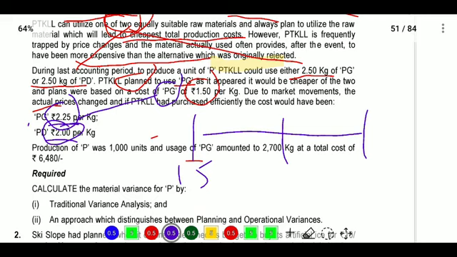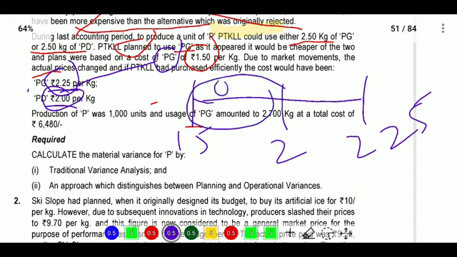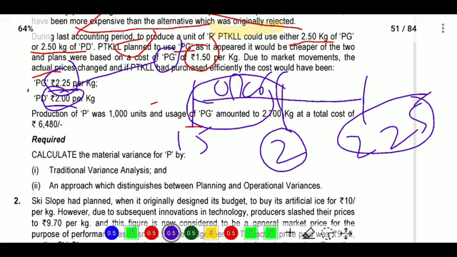Now here the rate will be 2 rupees for PD. If you purchase PD, you can buy at 2 rupees, but we are going for 2.25 rupees. From 1.5 we cannot do anything, it is an uncontrollable factor. At this position you can buy at 2 rupees or 2.25, so you have power to control.